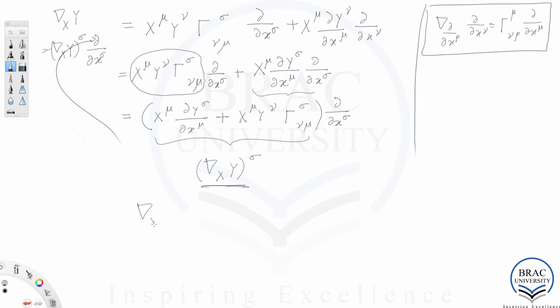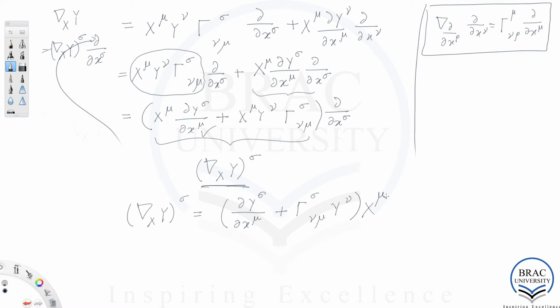So the components of this vector field is given by del y sigma by del x mu plus gamma sigma mu y mu times x mu. Right?